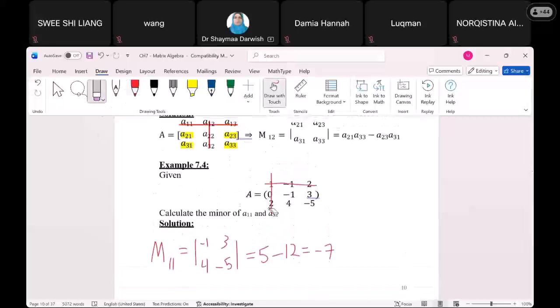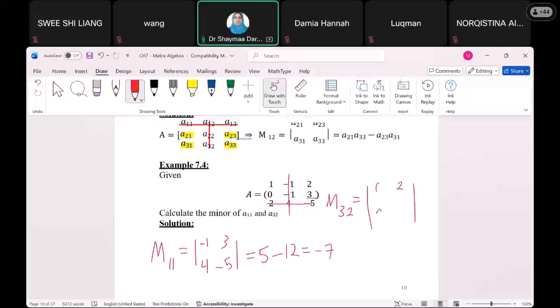Now I need to find the minor of A32, the minor 3, 2. It means you have to cancel the third row and second column. So the remaining is 1, 2, 0, 3.